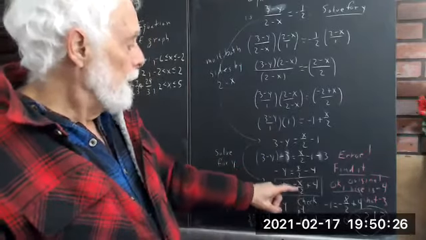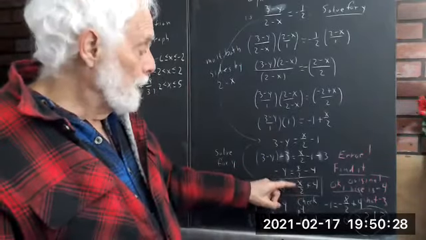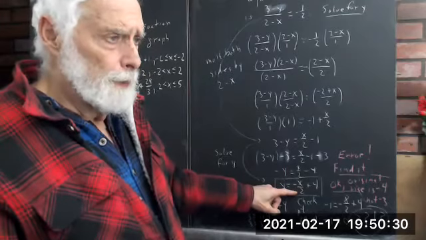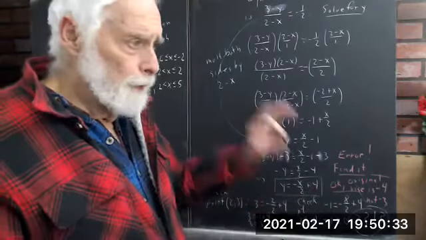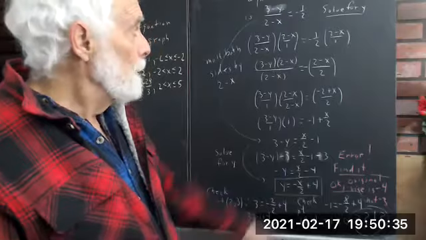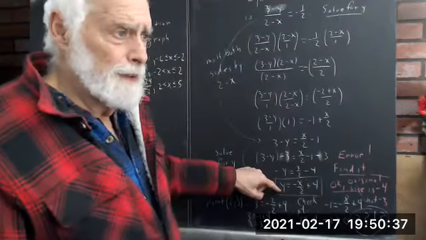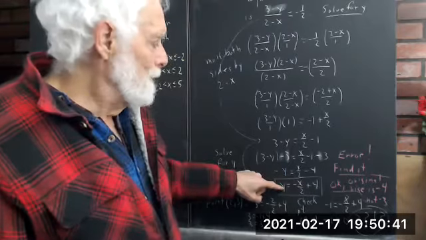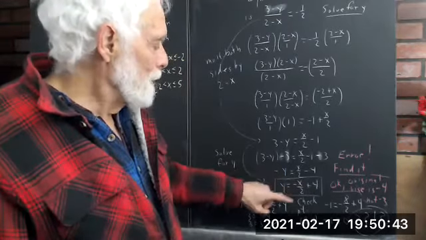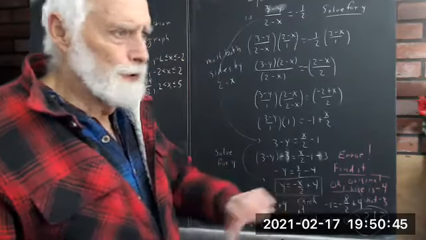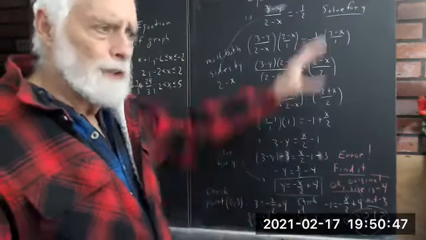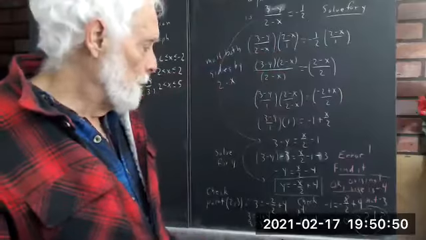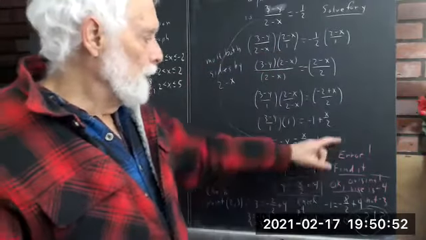But plugging in 8 for x gives me negative 8 over 2, which is negative 4. Add that to 4, I'm getting 0. But the y is supposed to be negative 1, not 0. So when I plug into this, I get negative 1 equals 0, which is false, which means my solution doesn't fit that second point. Okay, so there's an error.